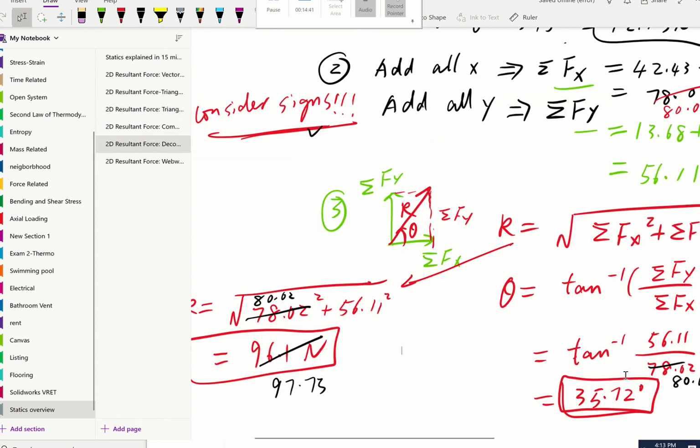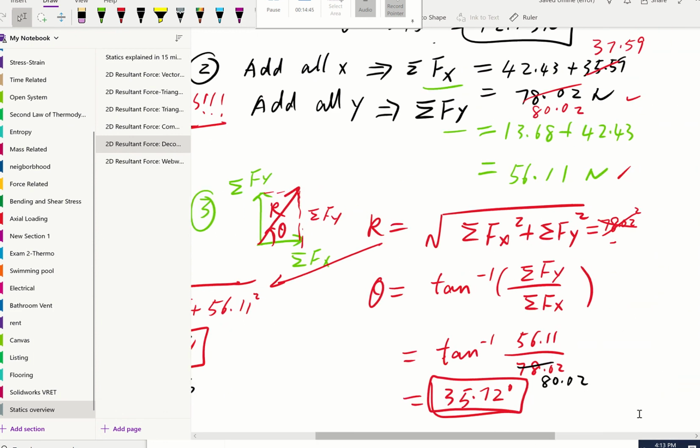Okay. So knowing that, I'm going to come back to find this direction, the angle theta. So it's inverse tangent of Fy over Fx, 56.11 over 80.02, and then we take an inverse tangent for that.